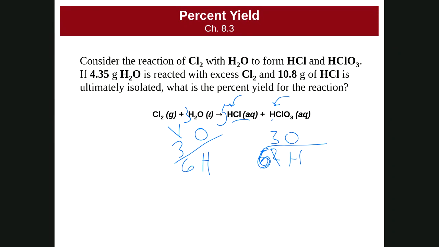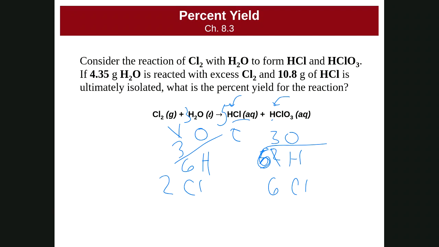All right, so finally, we need to balance our chlorines. On the left, we have 2 from chlorine gas. It's one of our diatomic gases. And on the right, we have 5 from our HCl, thanks to our subscript, and we have 1 from our hydrogen chlorate. So that means we have 6 chlorines on the right.